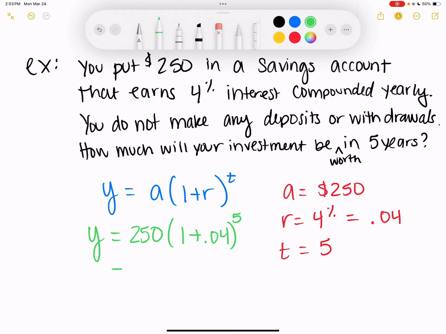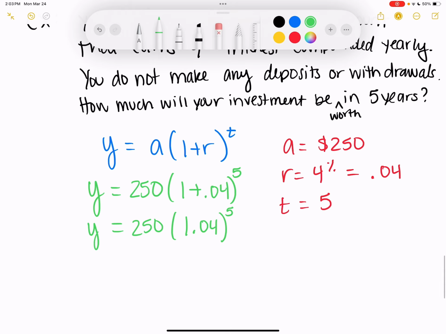So this is 250 times 1.04 raised to the 5. Not that you can't multiply this out, but that would be a pain to multiply out if you did not have a calculator. We would stop here, okay?